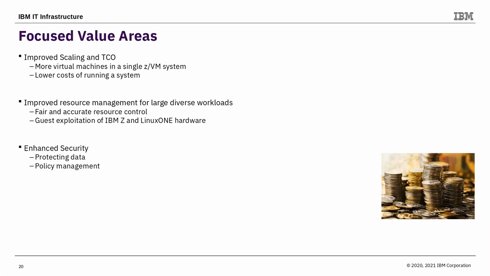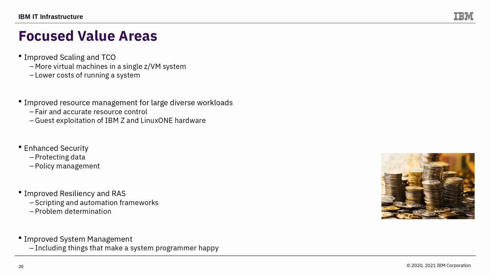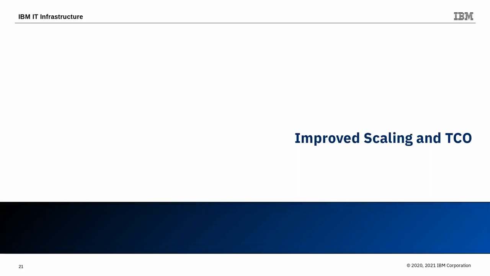Security improvements, as one would hope, and some improvements to resiliency and RAS as well. And then some improved system management stuff, just things to make actual day-to-day stuff that little bit nicer for us sysprogs.